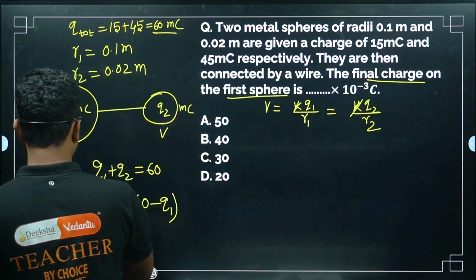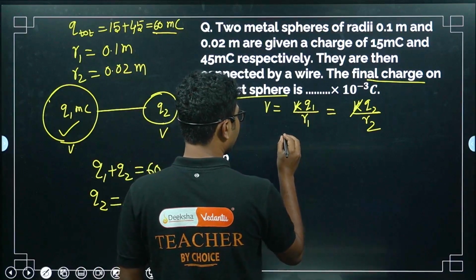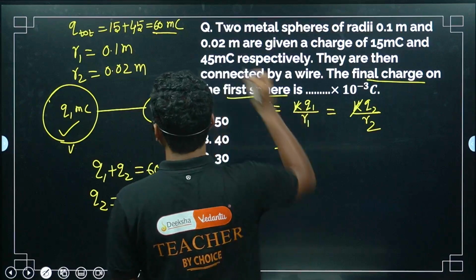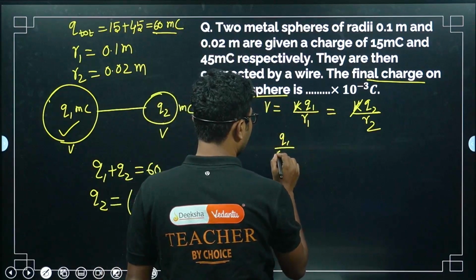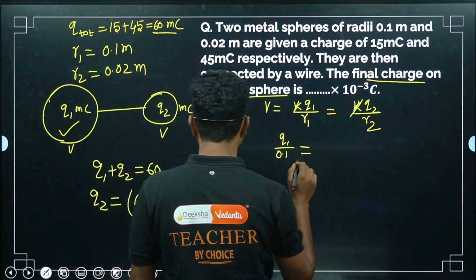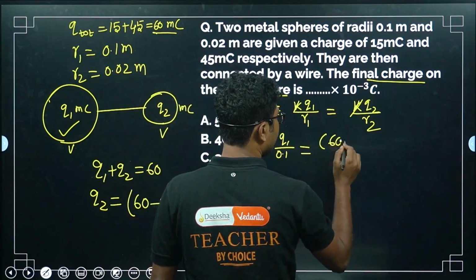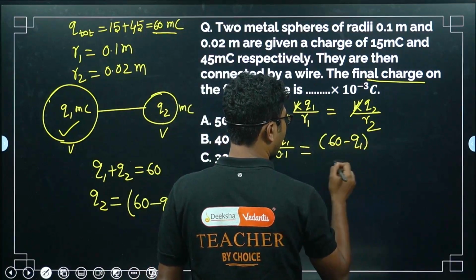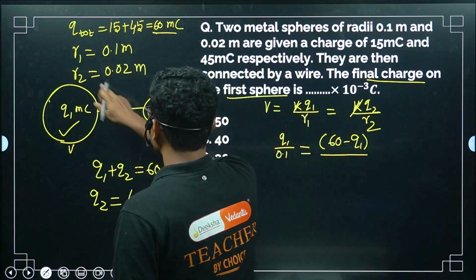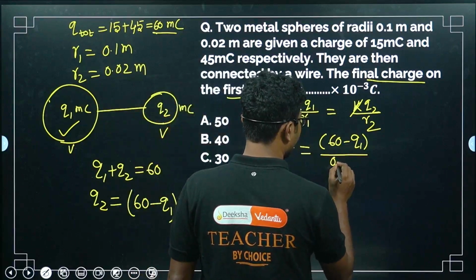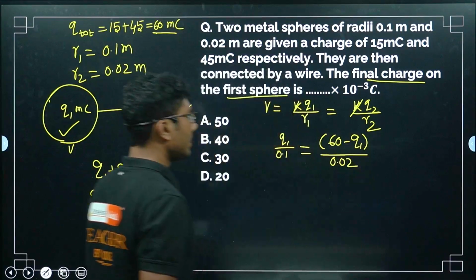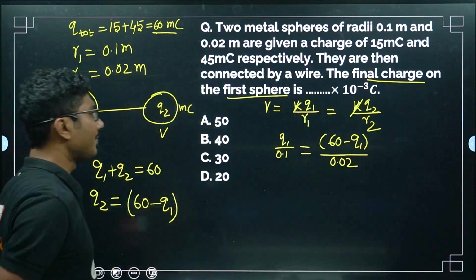Now we will put in the values: Q1 we don't know, R1 is 0.1, and Q2 is 60 minus Q1, divided by R2, which is 0.02, right? So we have simplified this equation.